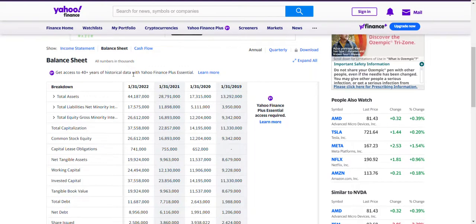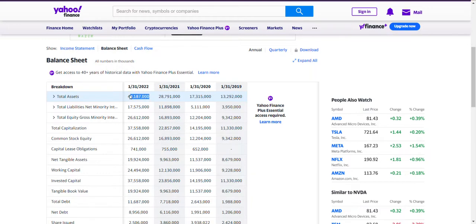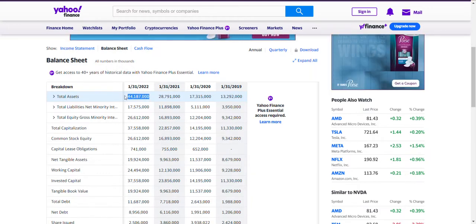So if you look at the 44, which is in thousands, you would want to assume 1,000, 10,000, 100,000, a million, 10 million, 100 million, billion, 10 billion, and so forth. So this is over $10 billion. This is 44 billion 187 million.